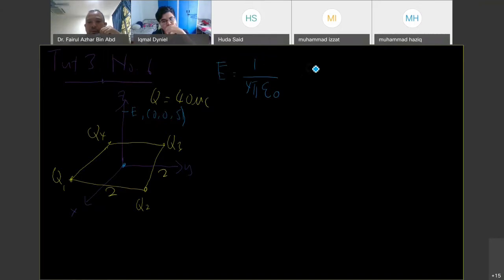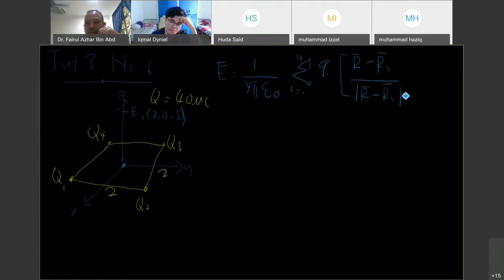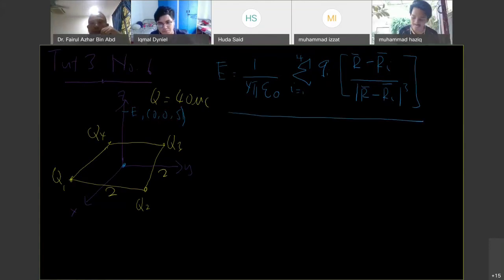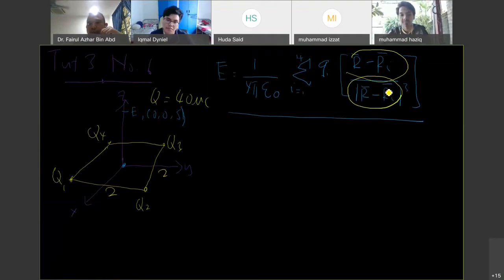Then the summation over i from 1 to 4 of Qi times R minus Ri, divided by the magnitude of R minus Ri to the power of 3. This is our general expression for E. First we need to find the expression for this vector.